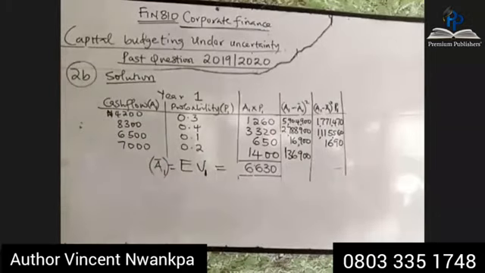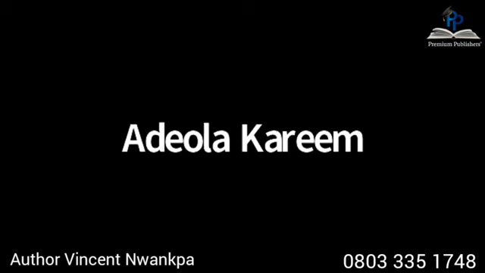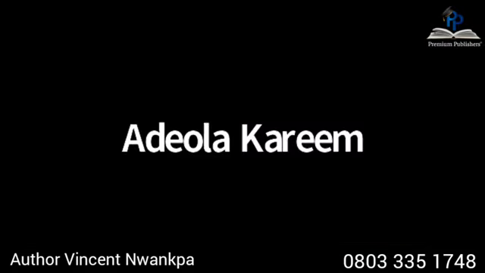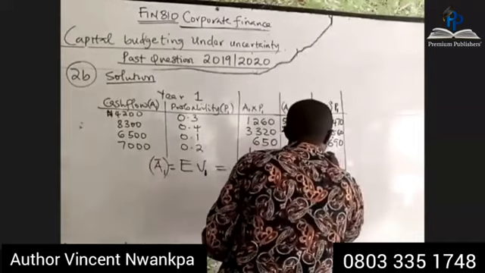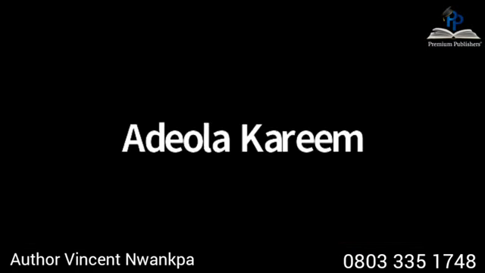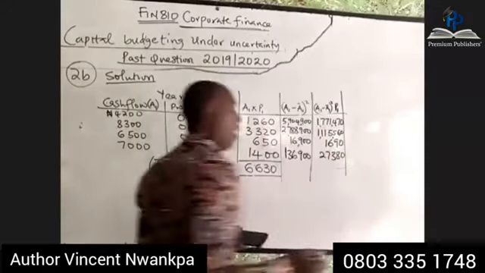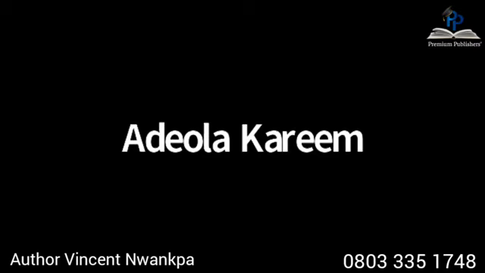Then this one is 27,380. So we have 27,380. Okay, 27,380. Good. Yes, sir. Is it correct? Good.